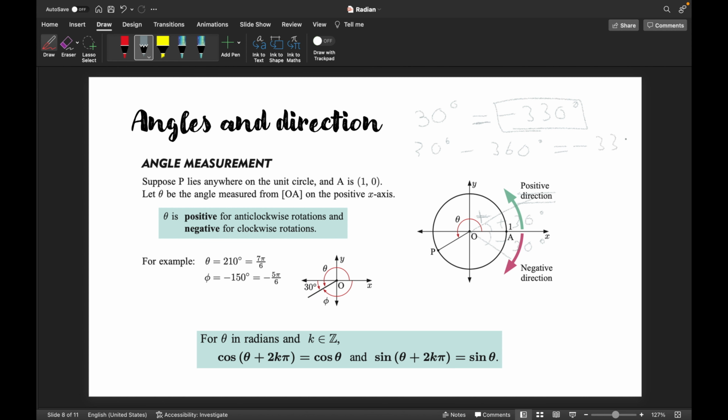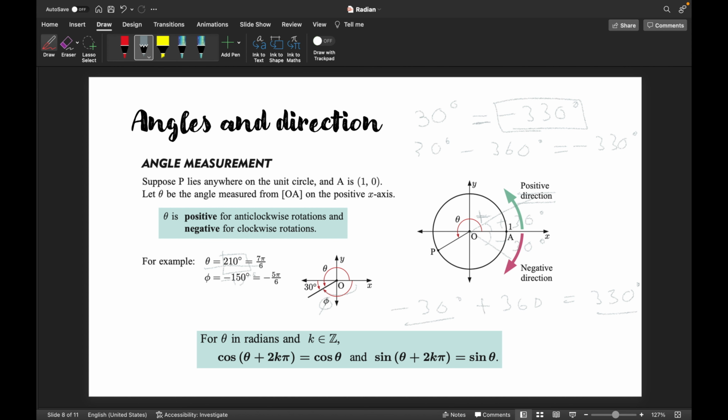We get negative 330. So if we add 360, it's going to be 330. So negative 30 is also 330 degrees. This only works because it's a circle and it keeps repeating, so that's why this is true for angles. Okay. So if theta is this, then this angle would be negative 150 degrees.